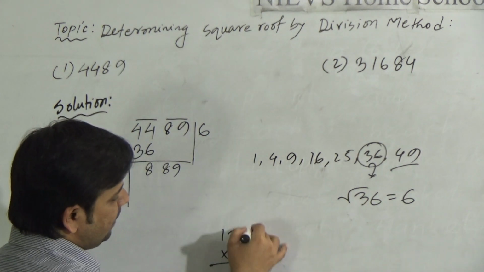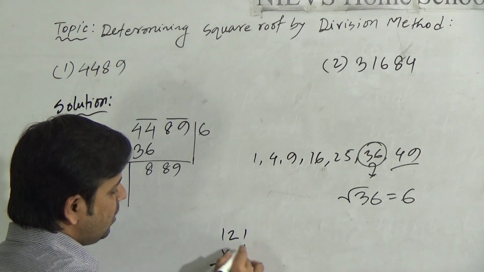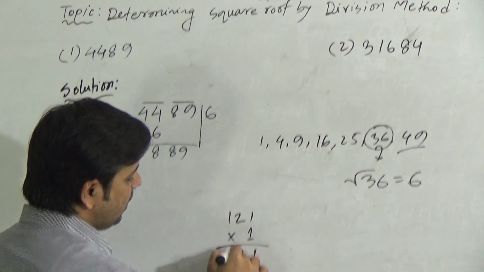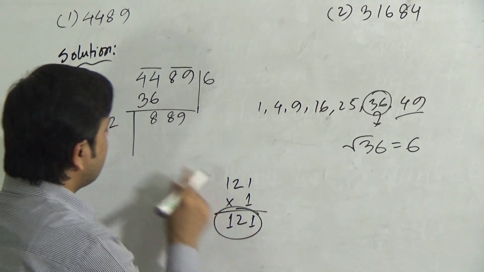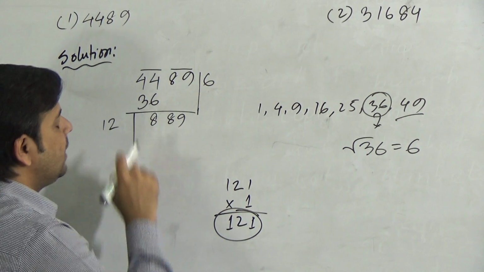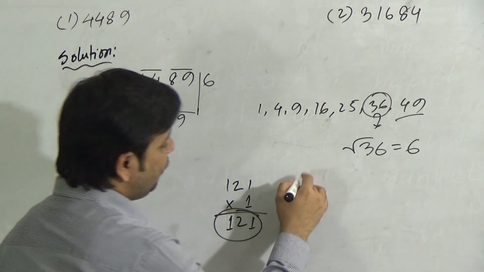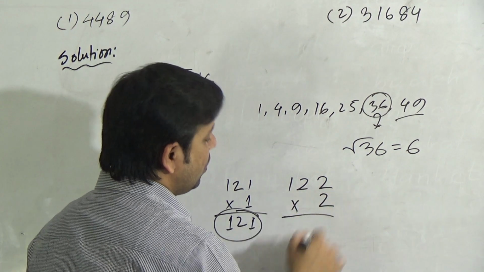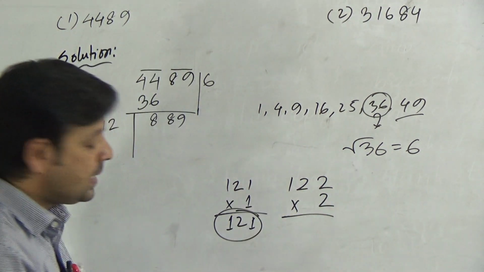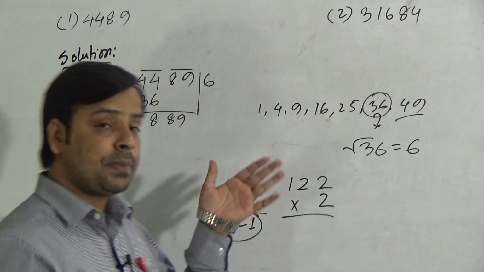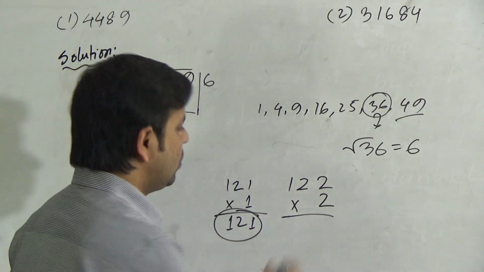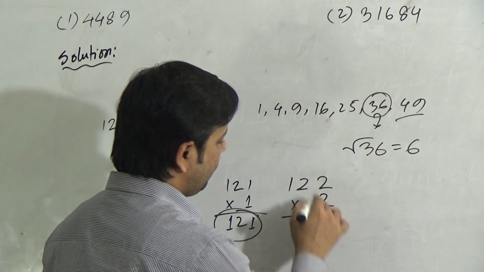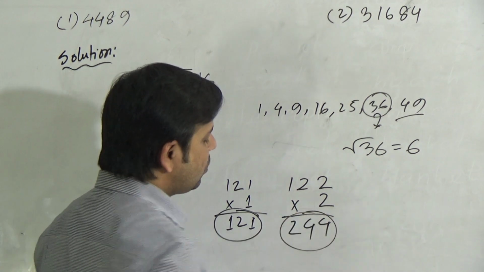So 1 ones are 1, 1 twos are 2, 1 ones are 1: 121. This is too small compared to 889. If we consider 2, we put 2 and multiply by 2. 2 twos are 4, 2 twos are 4, 2 ones are 2. This is also too small.